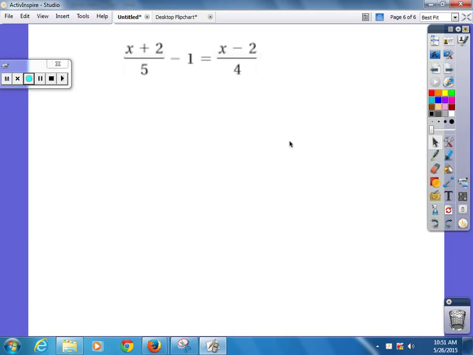Now the first thing I would do is change everything to a fraction, and that's for somebody that's intimidated. In other words, you look at this problem and go, oh God. First thing you should do is write x plus 2 over 5 minus 1 over 1 equals x minus 2 over 4.